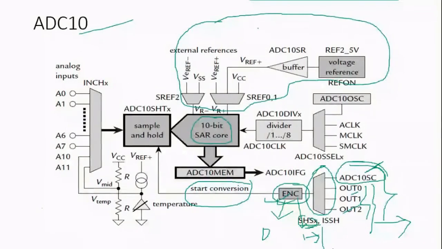You can choose any one of the external references like VEREF minus, VSS, VEREF plus, VCC, VREF plus, ADC reference voltage 2 to 5 volt. So these are available for the different voltage signals. Now what is the use of different voltage signals? You have already studied this for ADC.